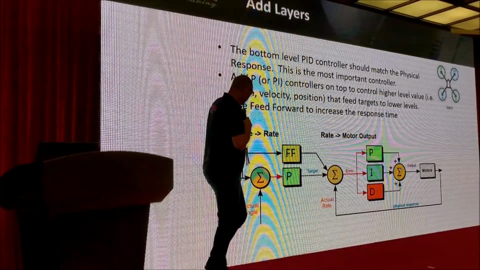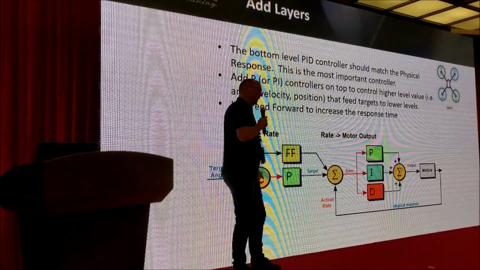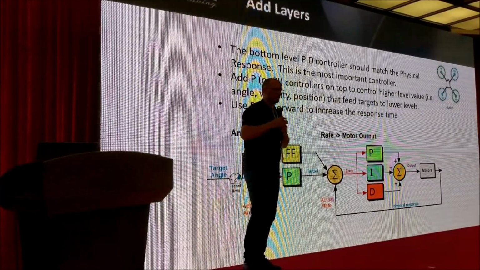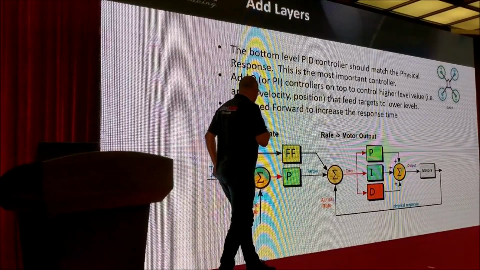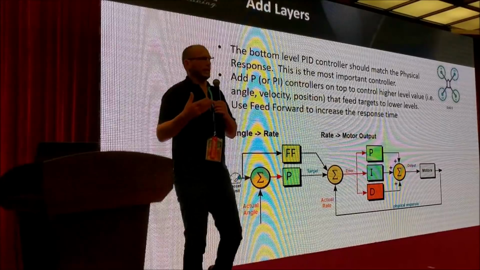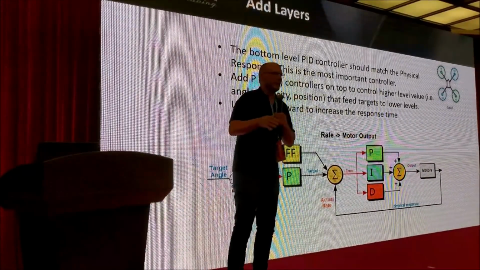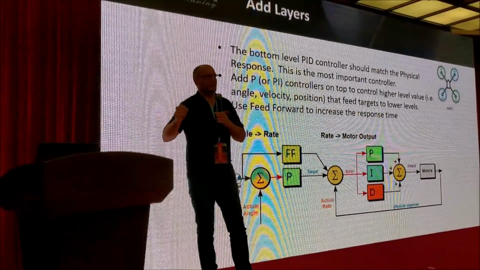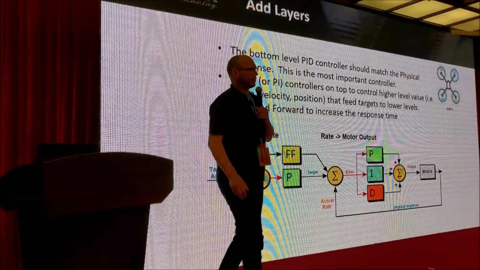And in that way, we're able to actually keep this error term here for our angle at 0, unless we have an external disturbance. And this simple little concept is actually one of the things that ArduCopter does extremely well and is responsible for one of the biggest things that allows us to handle big and small aircraft so much better than a lot of other controllers.